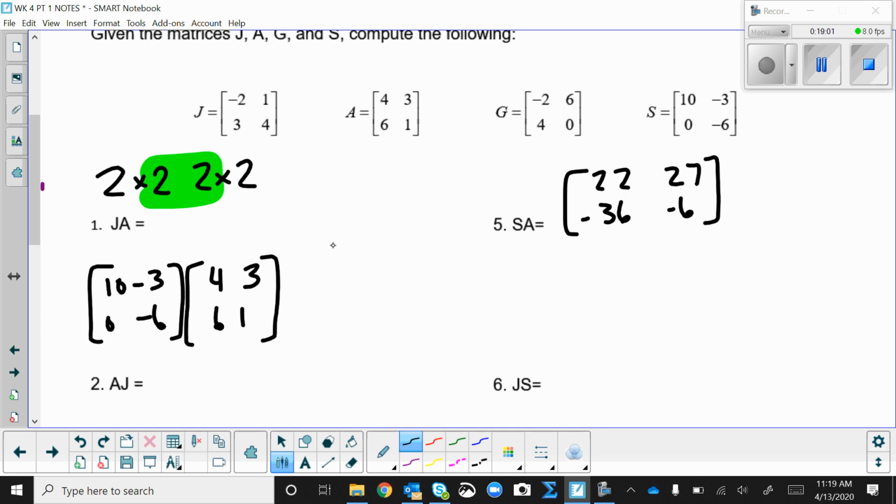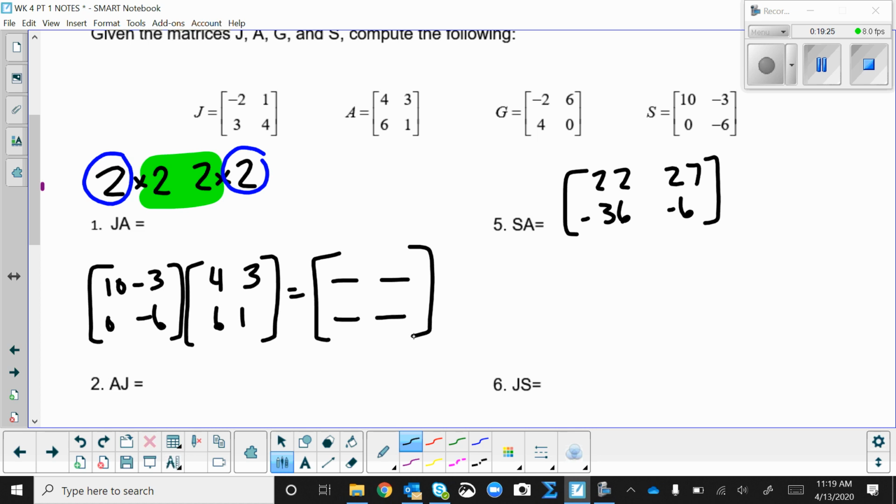And then the dimensions for our answer are these numbers on the outside. So I'm going to go ahead and set up my answer matrix as a 2 by 2. My answers are going to go in these spots. So let's talk about which ones we're doing first. Look, find your row 1.